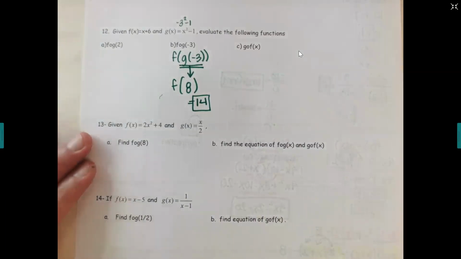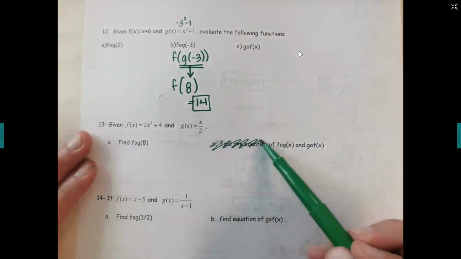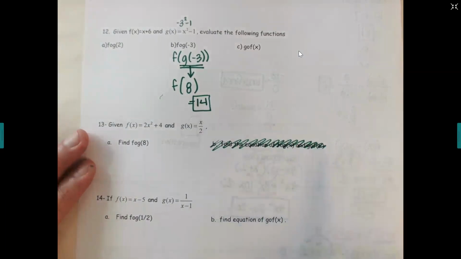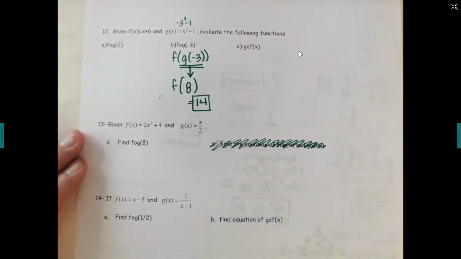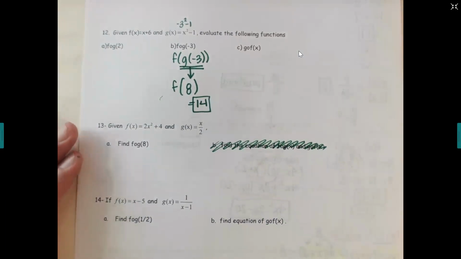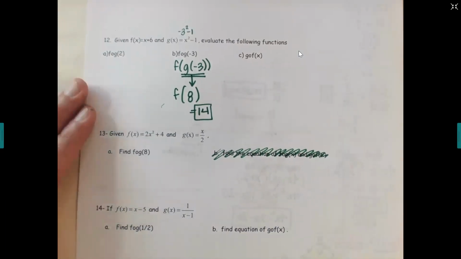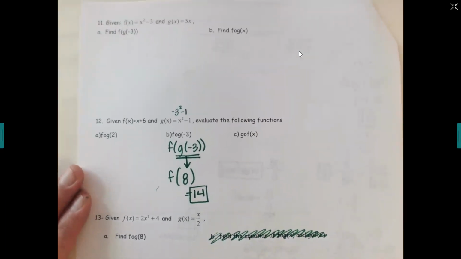All right. We're gonna eliminate letter B here. Let's do one more. Let's do number 11, part B.